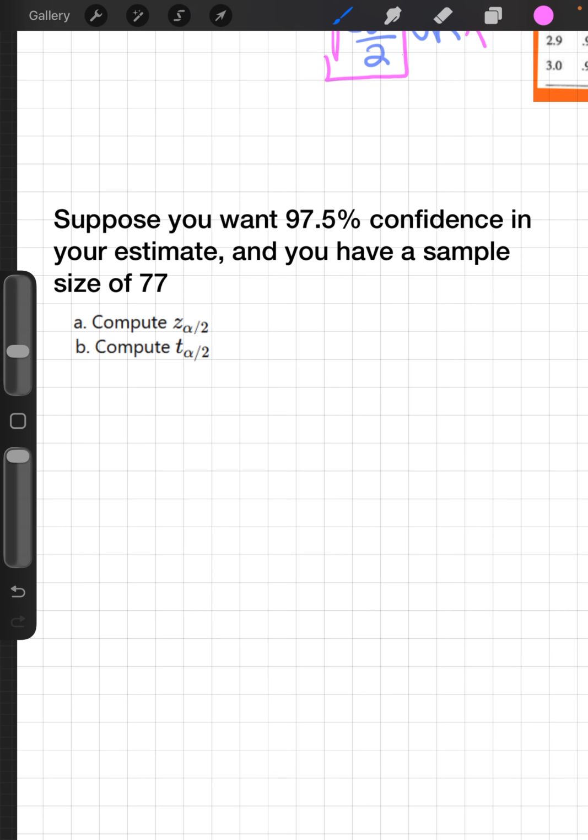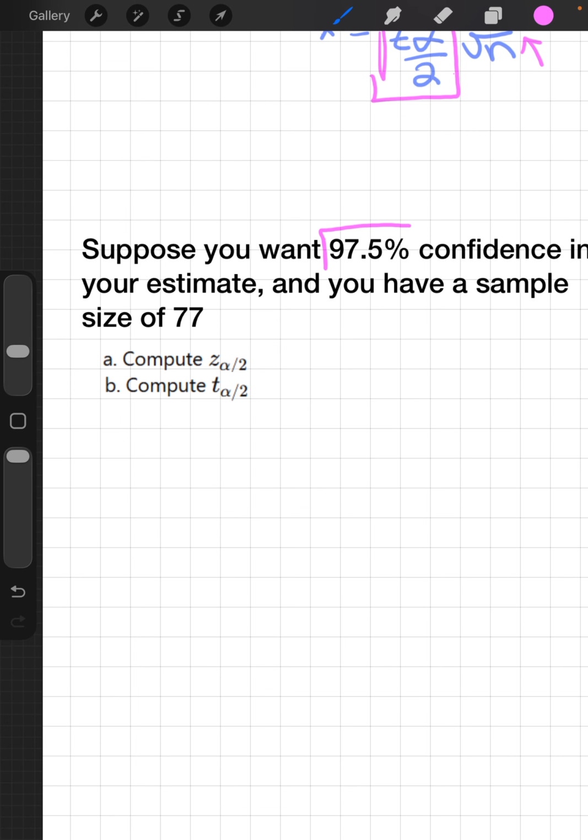Now we're going to do the second one. We have 97.5. So we're going to find the z first.